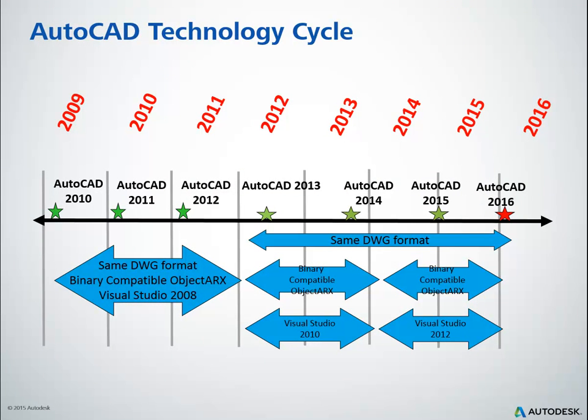So to get started, let's see the technology cycle that we are using on AutoCAD, including the 2016. As you can see, the DWG format is being maintained the same since 2013. But the binary compatibility is changing, but we're still using Visual Studio 2012. So if you have code that's using C++, it should work.